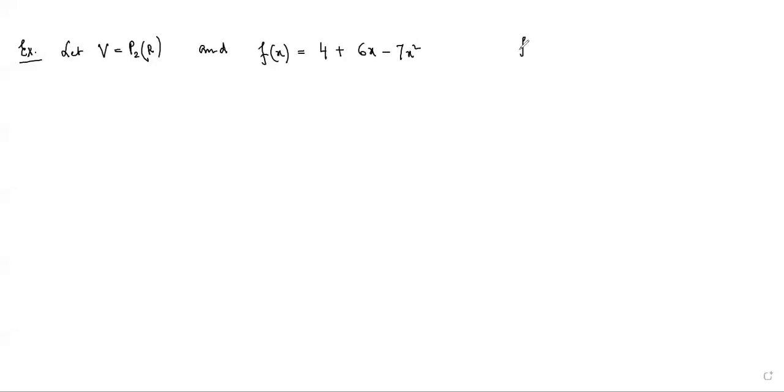Can you tell me what will be the coordinate vector of f with respect to this basis beta, where beta is a basis of P2(R)? What will be the value of this? Can you tell me?